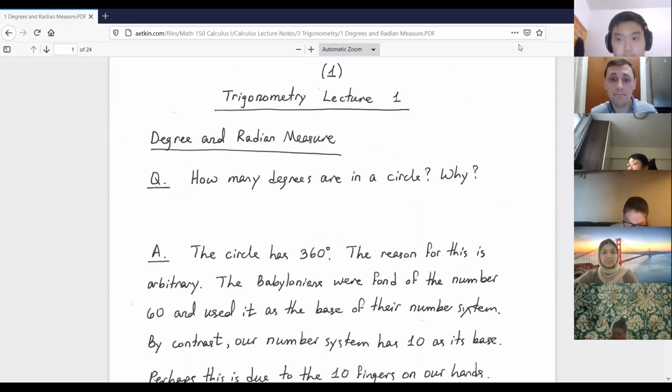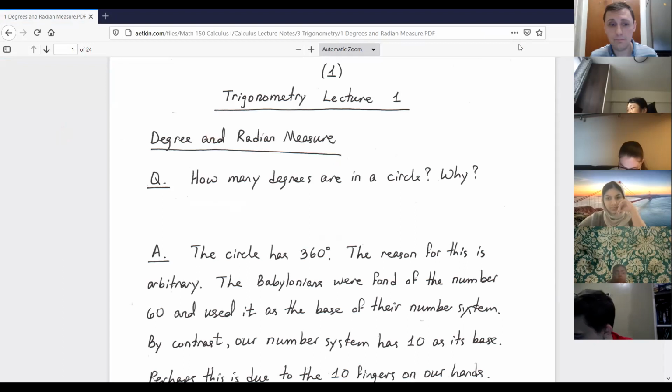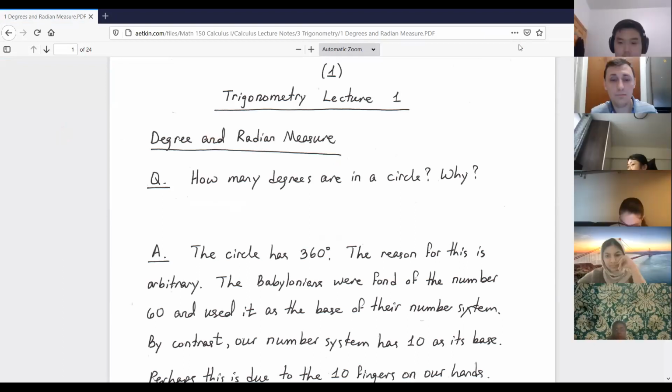Now, why? Exactly, Francis. The Babylonians were fond of 60, arbitrary reason. But why is it one revolution?